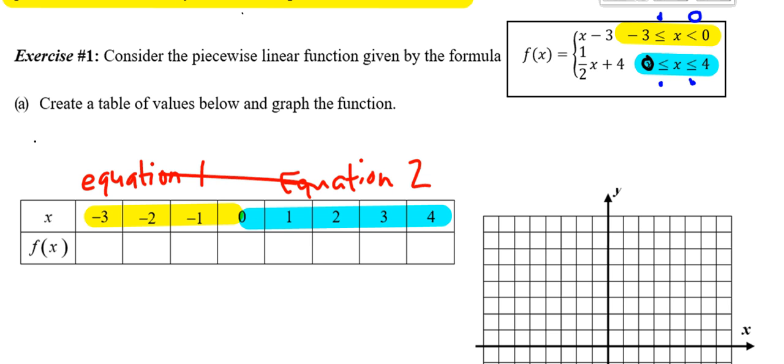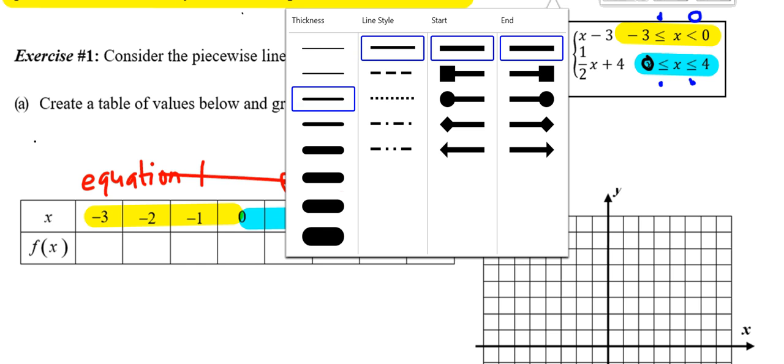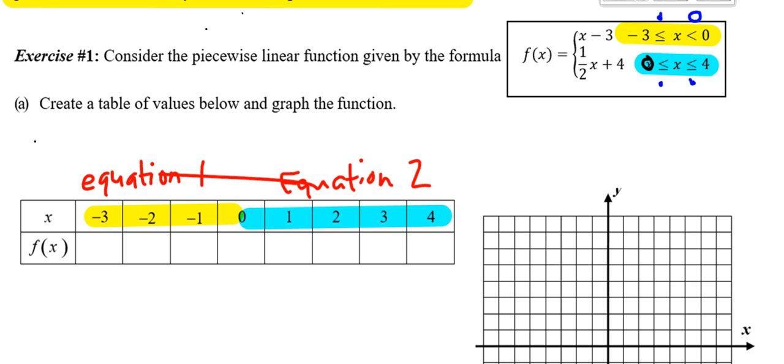The portion in yellow is where I'm going to plug in -3, -2, -1, and 0 into my first equation. If I plug in -3, I have -3 minus 3, which gives me -6. Let's plug in the next one.